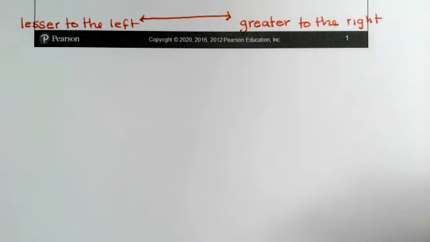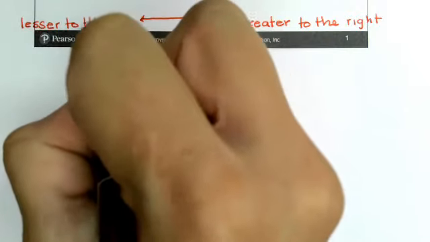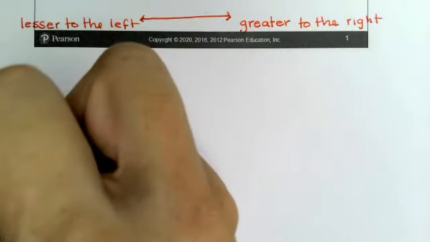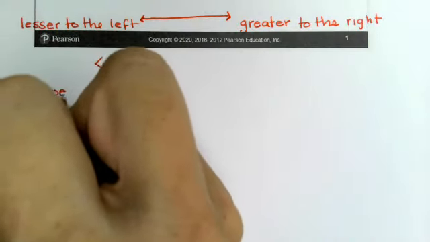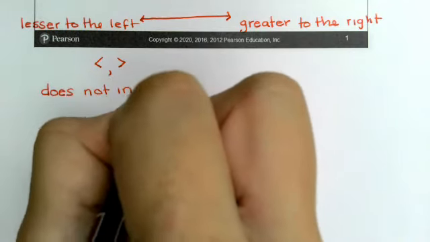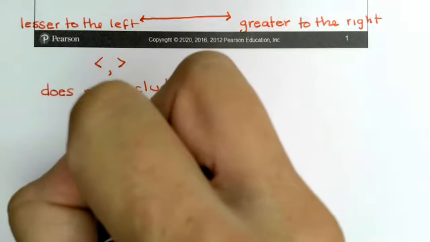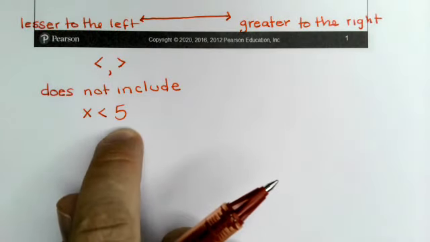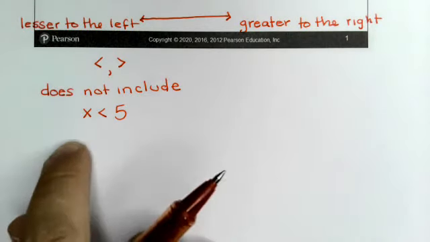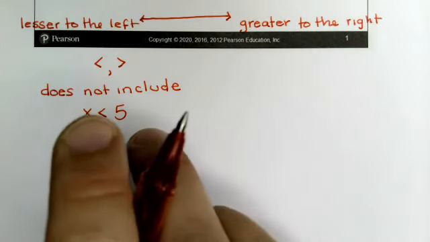So right down here, these two symbols mean it does not include the number, right? Like if I was to say x is less than 5, it does not include 5. x is greater than 5, it does not include 5. Okay?